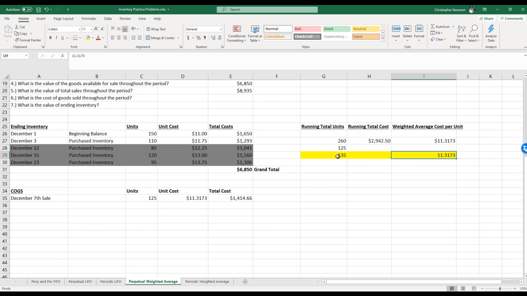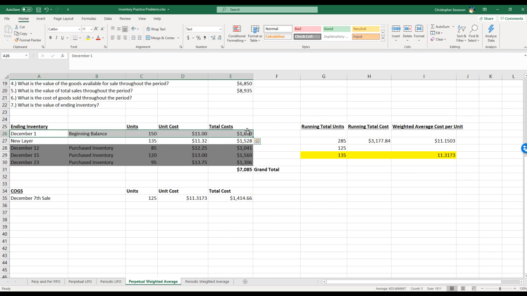Now I hard-coded those in on purpose. In fact, I'm going to hard-code this one in because what we're going to do is destroy these 2 layers, which will update this formula. So we're going to recreate it: 135 units at $11.3173. And I've got to destroy this first layer.